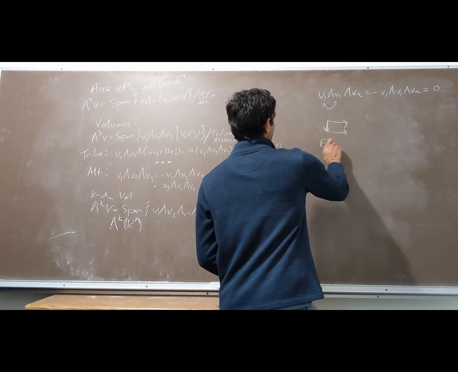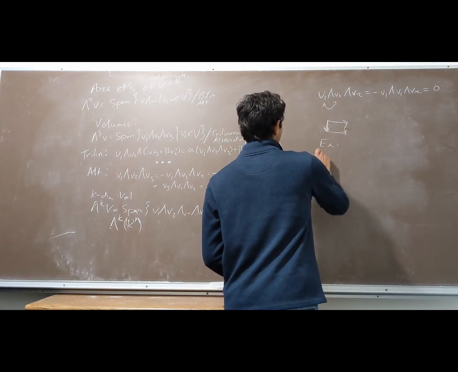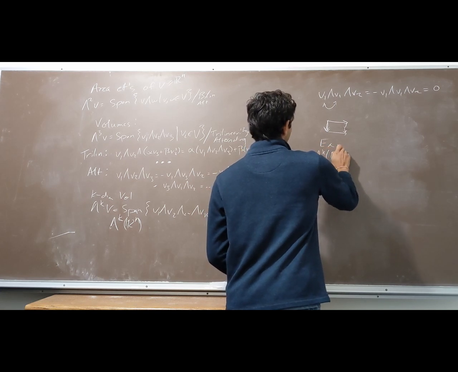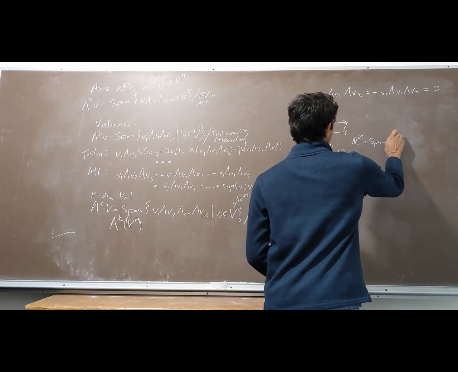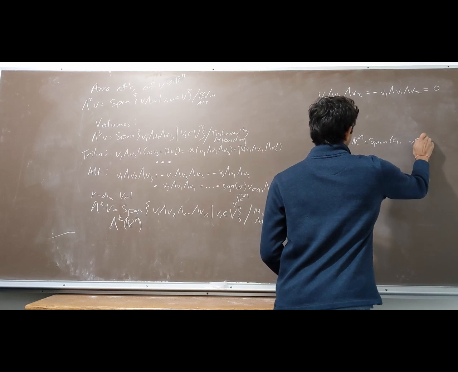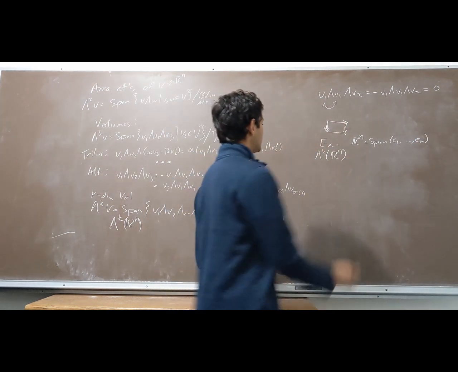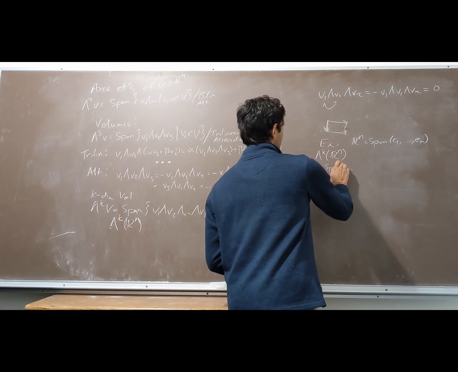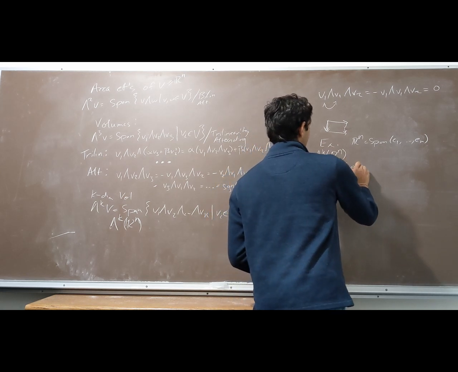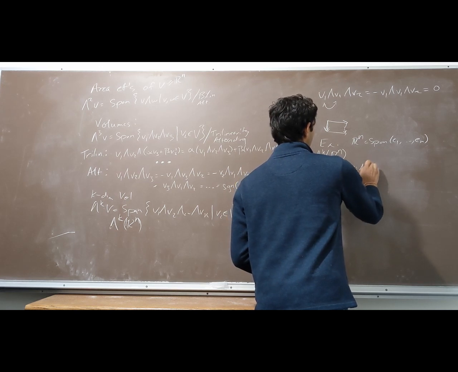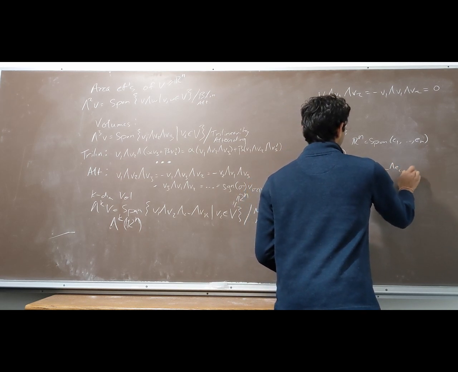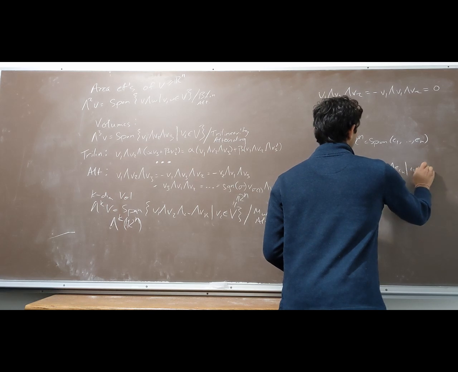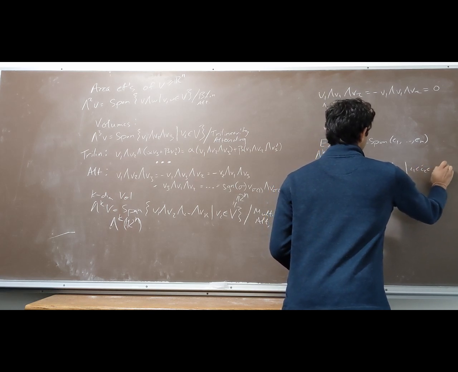The exercise is to show that for lambda k R^n, let's say that R^n is the span of some vectors e1 all the way up to en, then lambda k R^n is spanned by the volume elements e_i1 wedge e_i2 all the way up to e_ik, such that i1 is less than i2 is less than all the way up to ik.